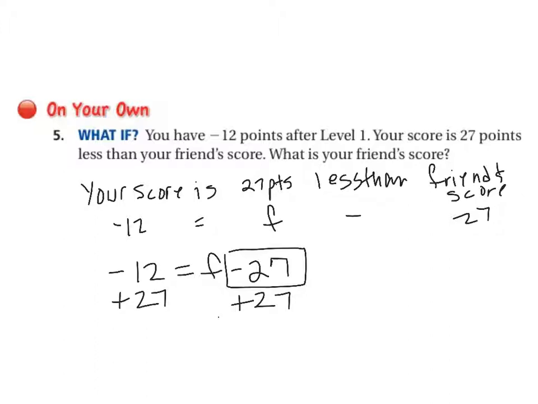And when we do that, the F is by itself because negative 27 plus 27 equals 0, and negative 12 plus 27 equals 15. So your friend has 15 points.